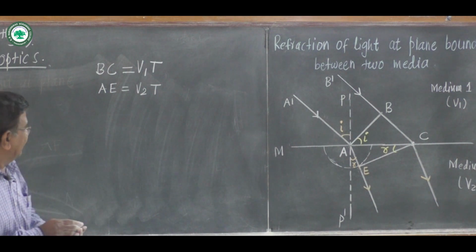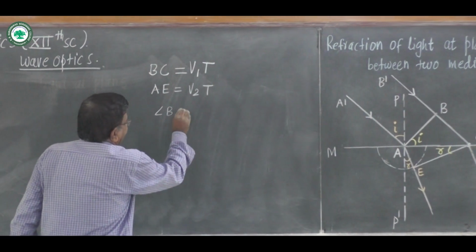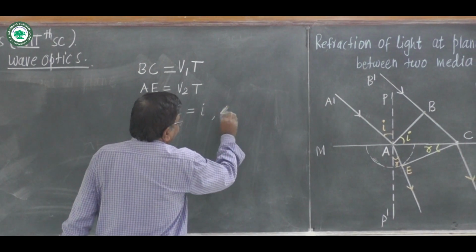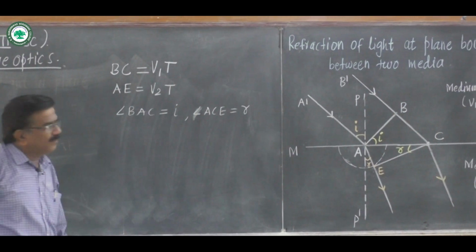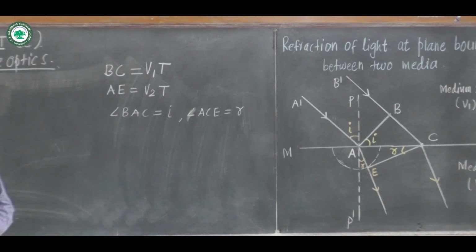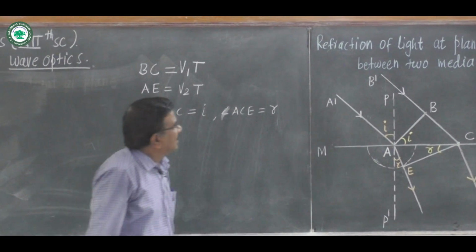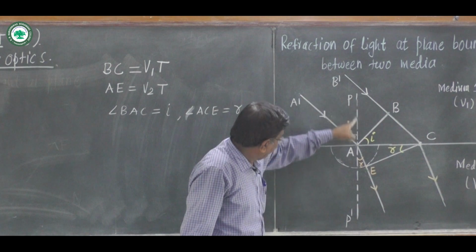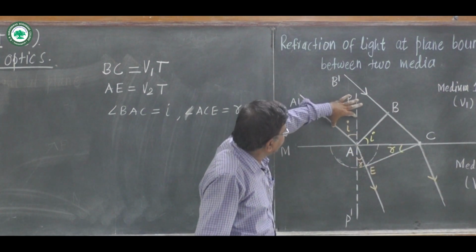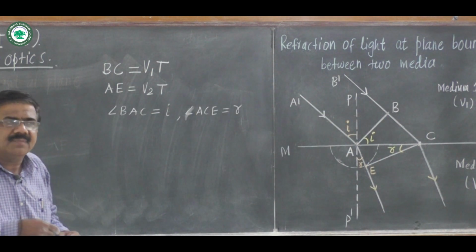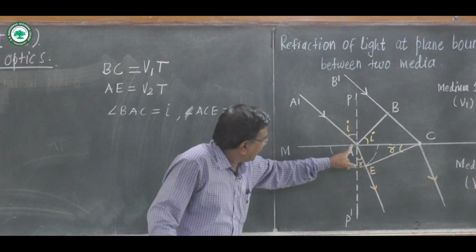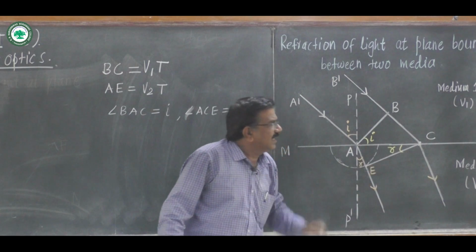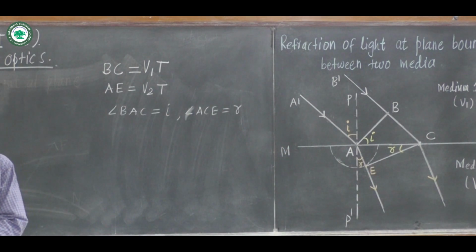Now by the geometry of the figure, angle BAC is I and angle ACE is R, because the angle between two lines is equal to the angle between their perpendiculars. Here, the line P'AP is the normal, and its perpendicular is AB; the perpendicular to P'A is AC. Similarly, P'AE is the angle of refraction.